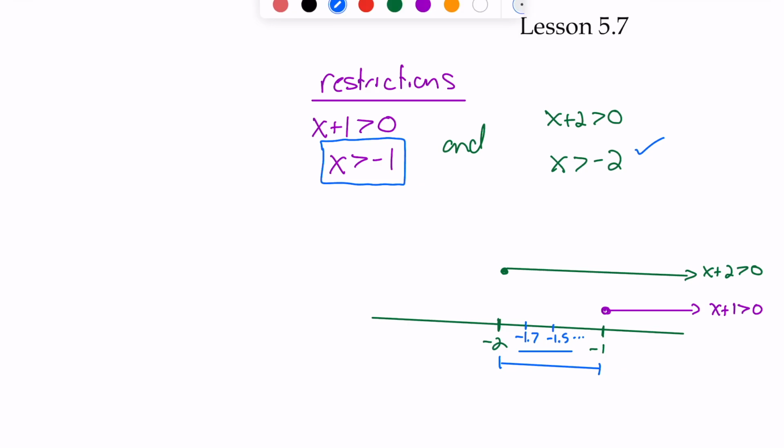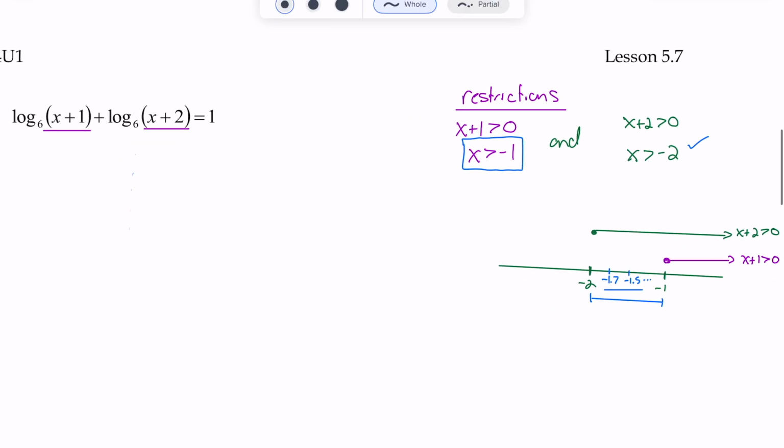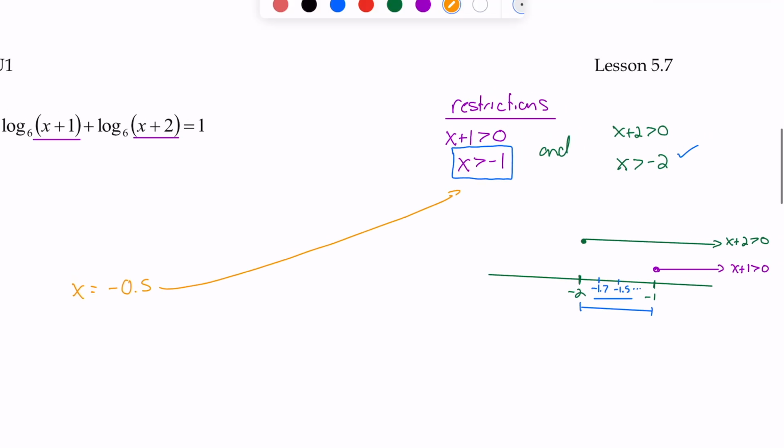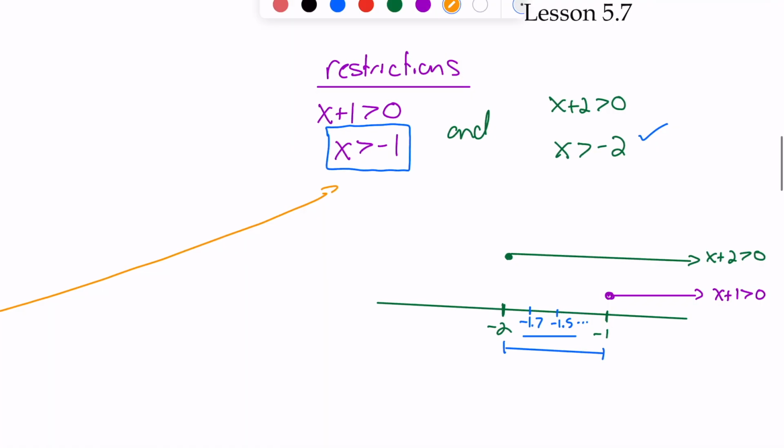And let's look at that for example. Let's say we went through the problem and we got a number like negative 0.5. Just as we did in previous lessons, we ask, does that satisfy our two restrictions? Yes, it satisfies that one, and yes, it also satisfies that one. And that would be true for all such numbers, okay?